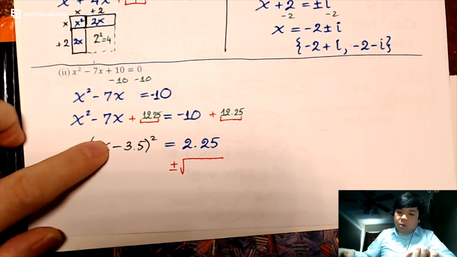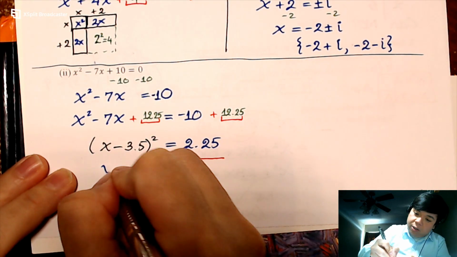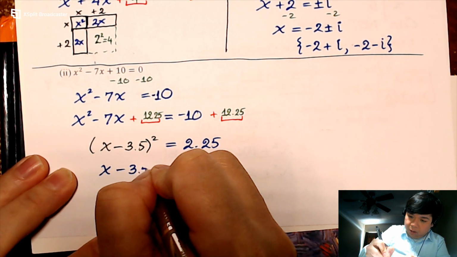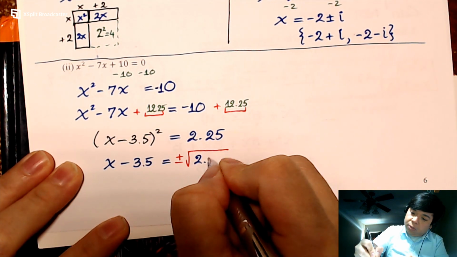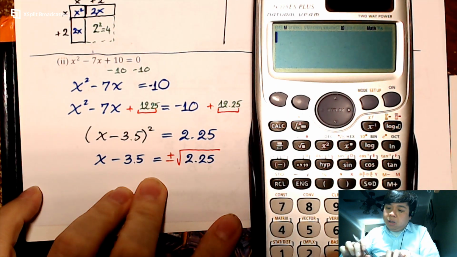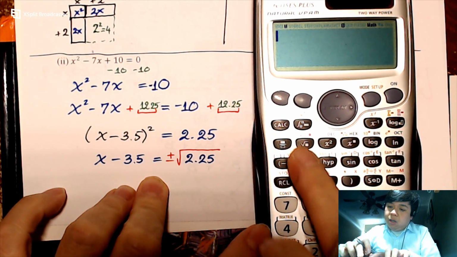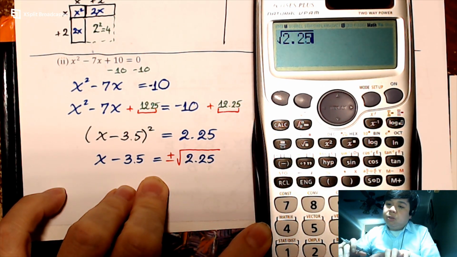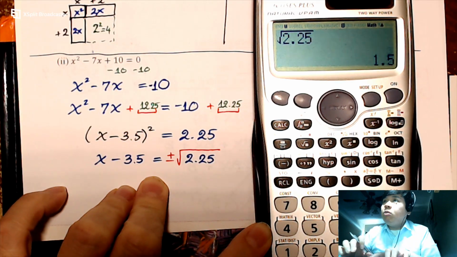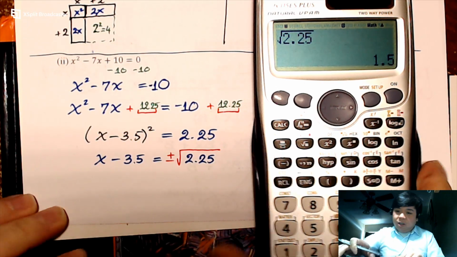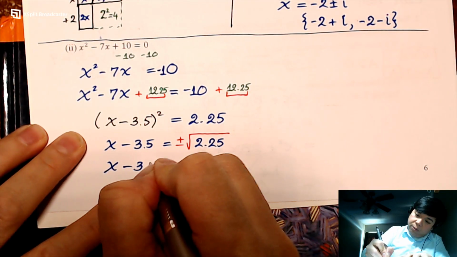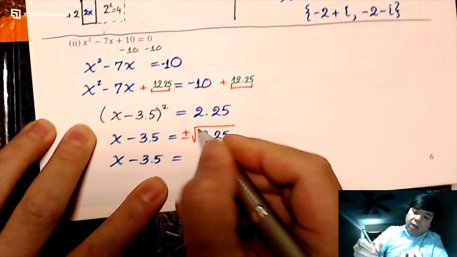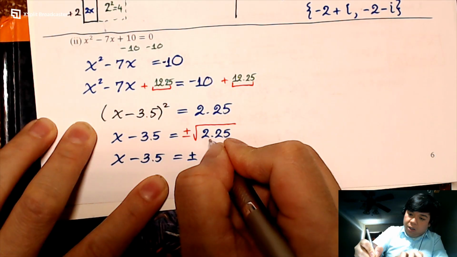Now we can just get rid of the square. The square root of 2.25 is 3 over 2 or 1.5. And we have plus or minus 1.5.